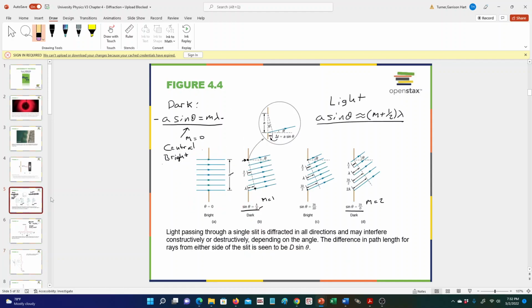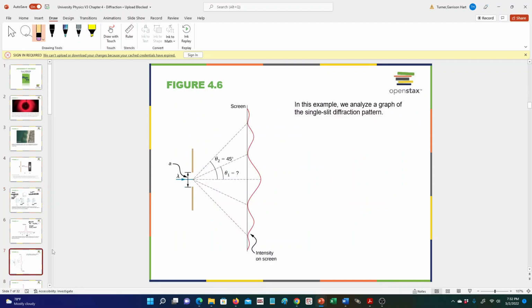The reason I wrote this as approximate is because this is exact for the dark fringes. You'll be able to calculate exactly where the dark fringes are from that, but the width of the bright fringes changes.